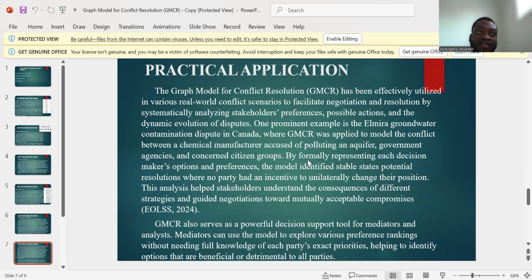The chemical was, I think, nitrosodimethylamine, NDMA. So the Ministry of Environment came in, and other NGOs came in. So GMCR was applied.